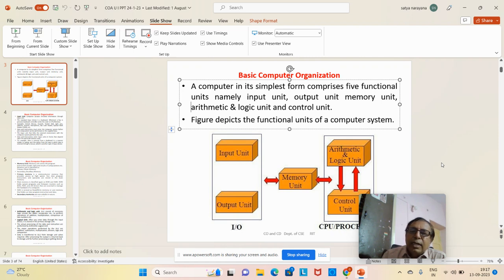And scanner, generally it scans the code, or you can say a barcode scanner.